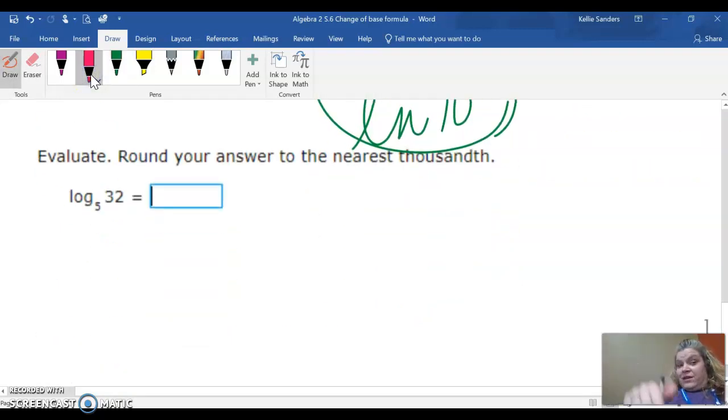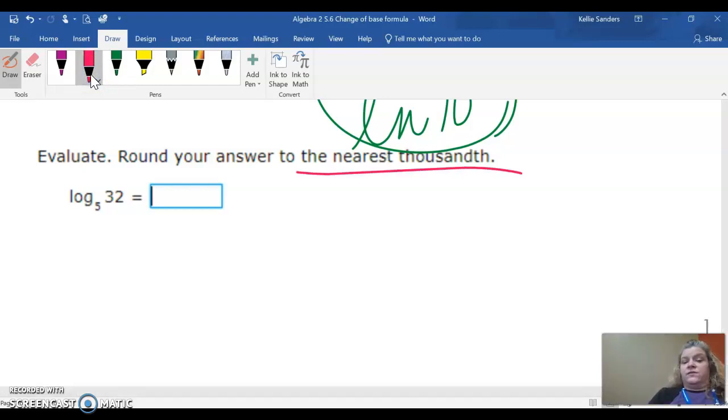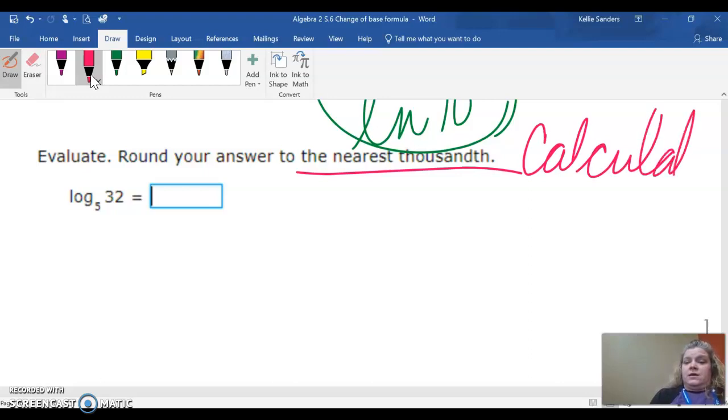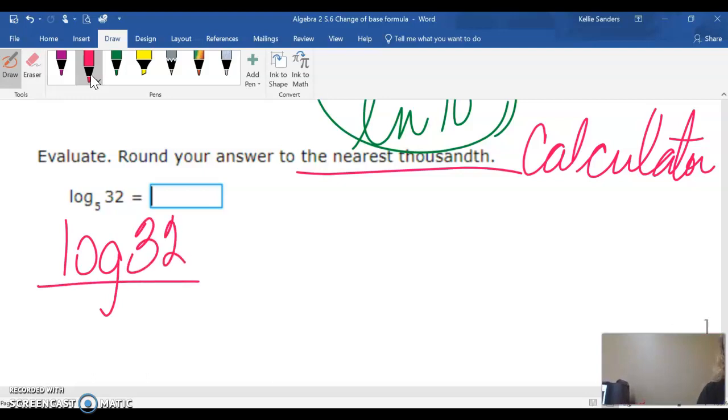Aha. Evaluate and round. If it says round, then we're probably going to be using a calculator. So you would not be able to put this into most calculators, but you can put this into a calculator.